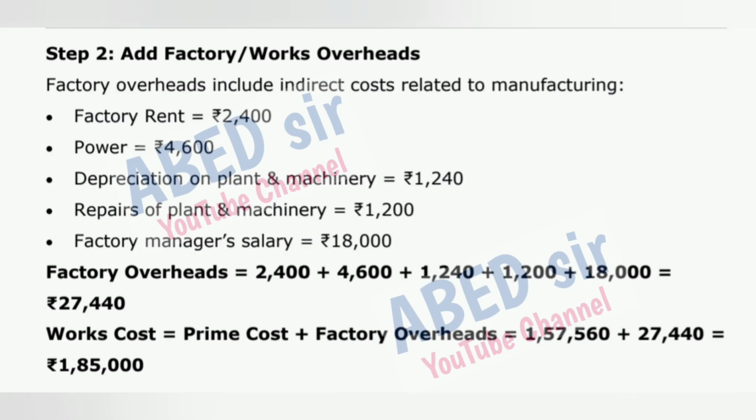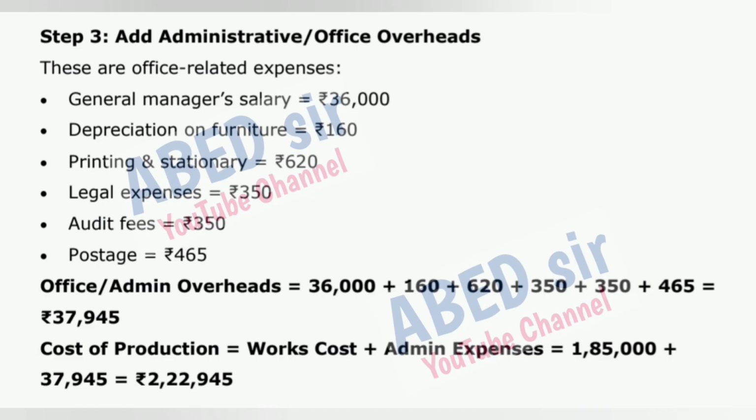Works cost is equal to prime cost plus factory overheads, is equal to 1,57,560 plus 27,440, is equal to 1,85,000 rupees. Step 3. Add administrative office overheads. These are office-related expenses. General manager's salary is equal to 36,000 rupees. Depreciation on furniture is equal to 160 rupees. Printing and stationery is equal to 620 rupees.